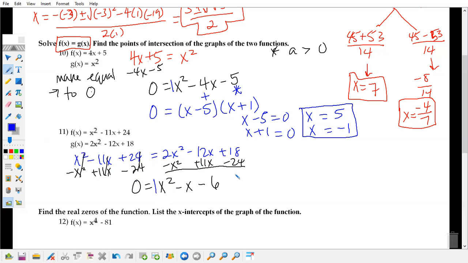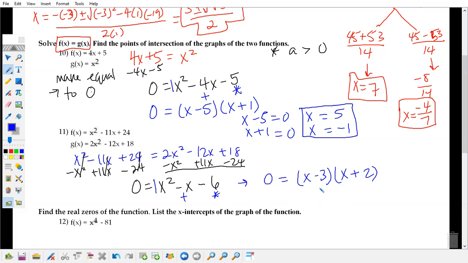So I ask myself, what multiplies to give me negative 6 and adds to give me negative 1? Negative 3 and positive 2, right? Does that make sense? So we have 0 equals x minus 3 times x plus 2, because negative 3 plus 2 is negative 1 and negative 3 times 2 is negative 6.